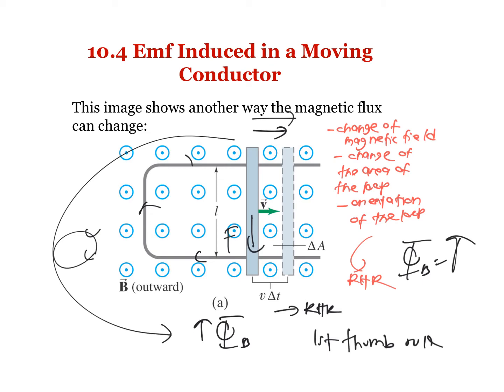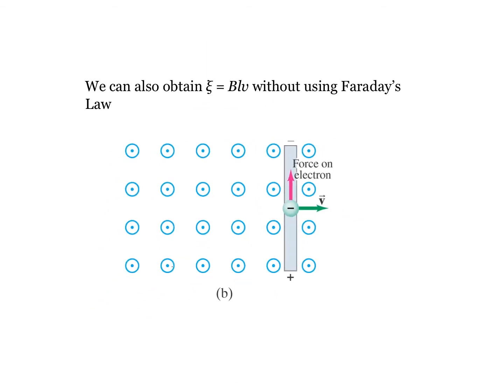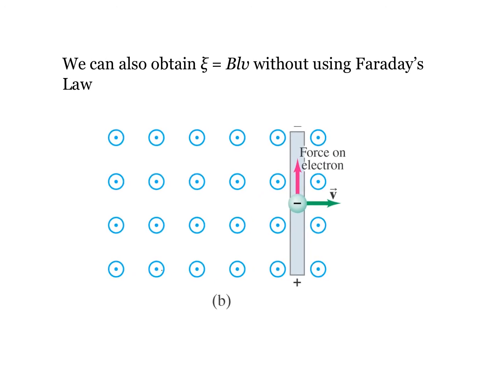Now, what if we change the rod into an electron? Because as you can see, the flow of current is basically the flow of electrons. So now we have a rod, but inside the rod we have an electron.